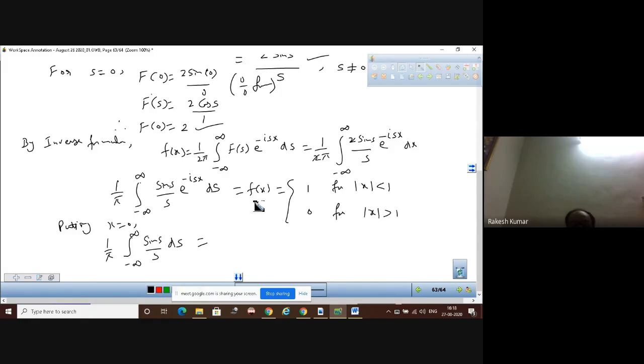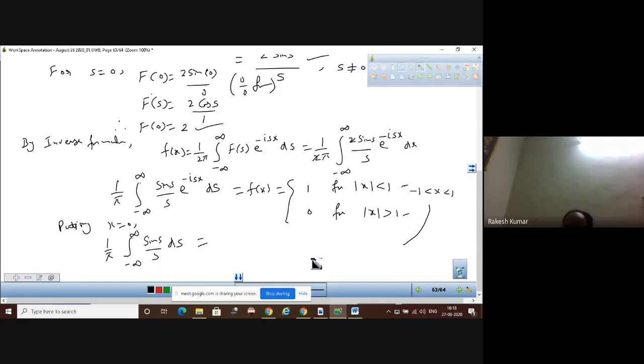f of 0 means you have to decide whether 0 lies in this interval or this interval, and we know that the upper interval is minus 1 to 1. Clearly 0 will lie on this line.